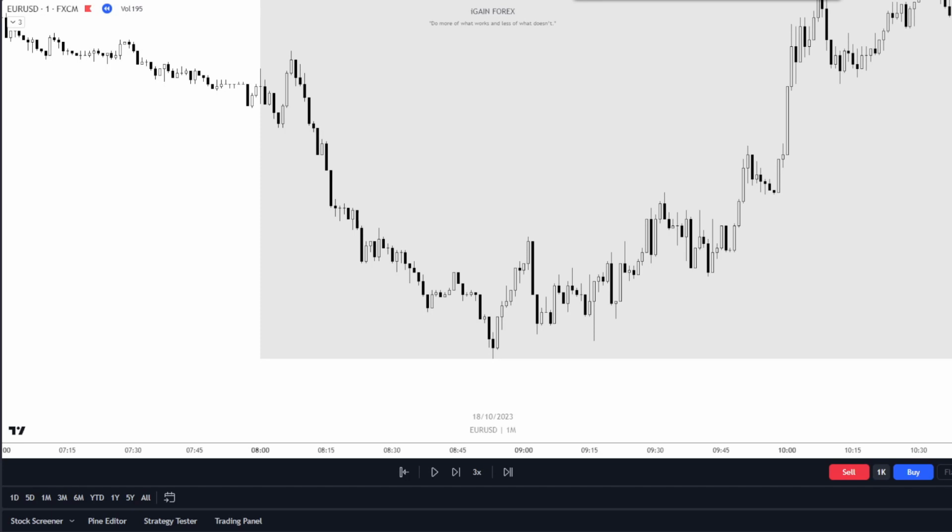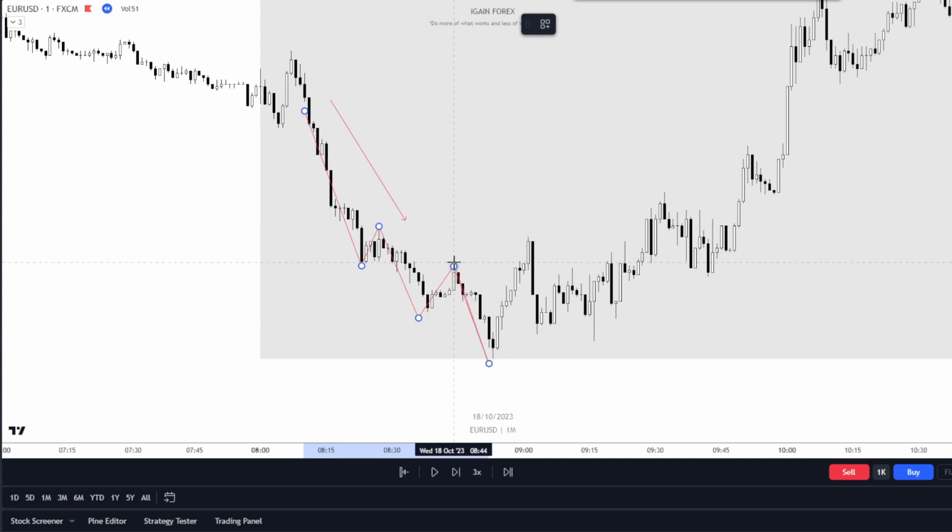Okay guys, so let me show you an example of this common market structure shift. Looking at this structure, first we can see that we are on a bearish move. We have this structure: lower low, then this high, and then lower low, and then this high, lower high, and lower low.